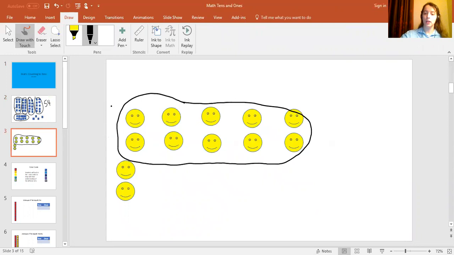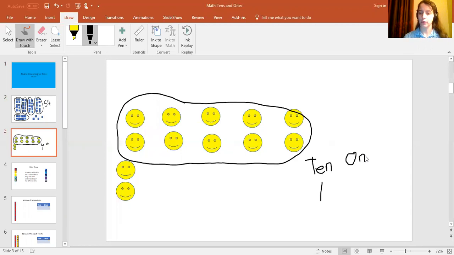And so we know that since we have a complete set of 10, that's just one group, so we know for the tens place, it will be 1. And then for the ones place, it will be 2 because I have 2 left over.